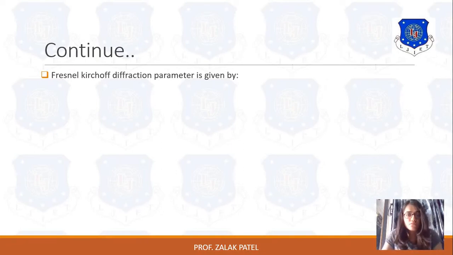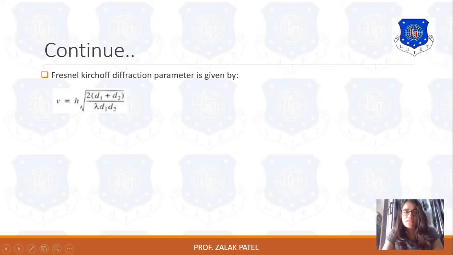But now we take only the equation of this Fresnel parameter, which is given by V equal to h under root 2 into d1 plus d2 upon lambda d1 d2. Again the terms are h, height of obstacle, d1, distance from transmitter to obstacle, and d2, distance from receiver to obstacle.